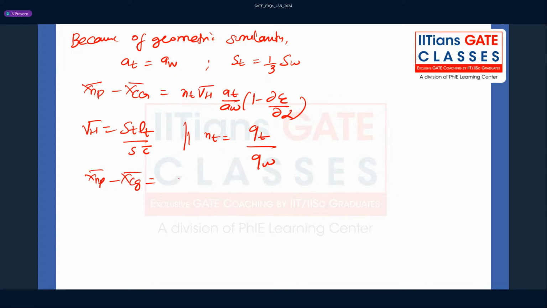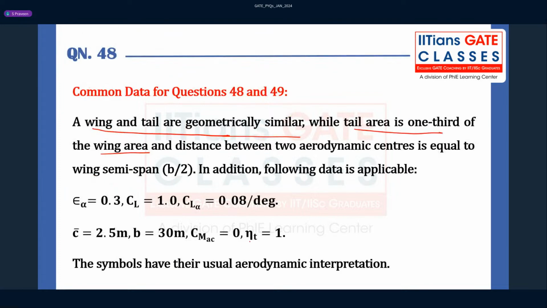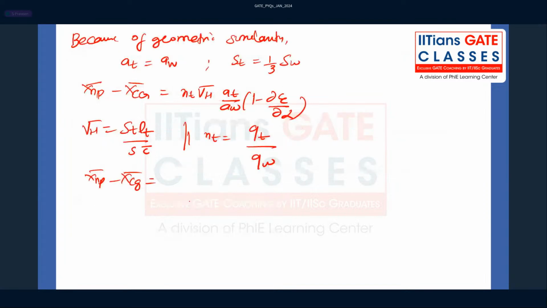So eta T, is it given in the question? 1. Okay, so you can take it as 1. Substitute it as 1. VH bar is ST LT by S C bar, so it's basically 1 by 3 times LT by C bar. If you simplify that, you will get 2, times AT by AW is again 1, times 1 minus dou epsilon by dou alpha.